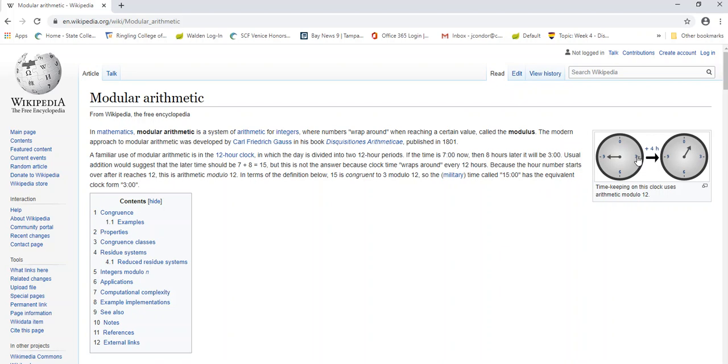So there are two things that happen in modular systems: we don't really care that it's 15. All we need to know is that it's 3 past 0. That's all. So 15, and then if you go around 12 more, it's 28, and so on, 41.